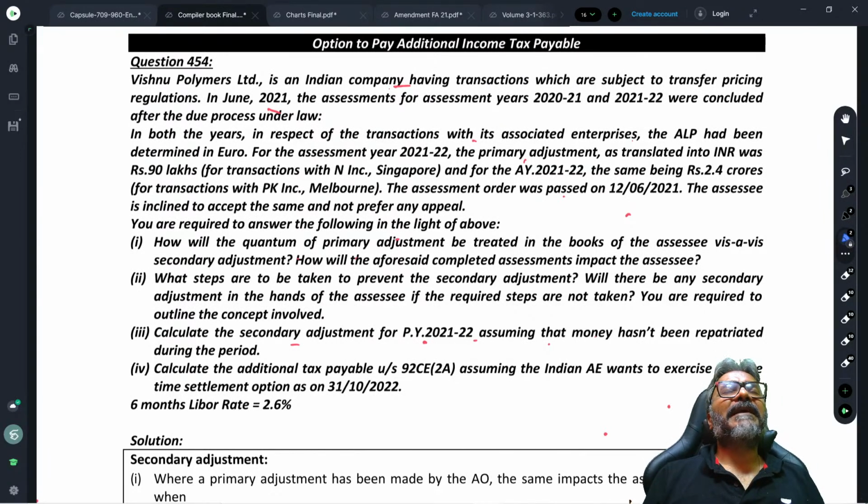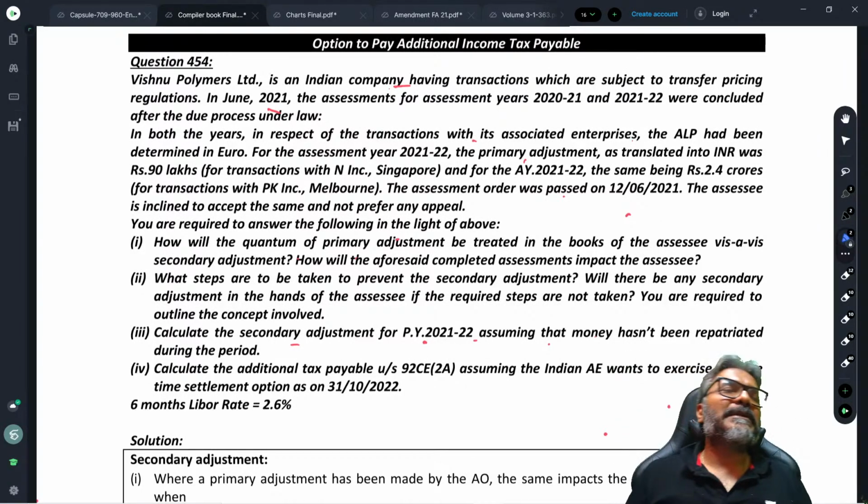Now I come to the next question, which is question number 454. This question is based on the secondary adjustment under section 92CE. I think all of you are aware of the secondary adjustment. What happens as far as secondary adjustment is concerned?